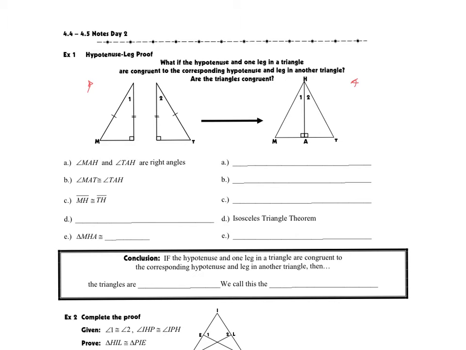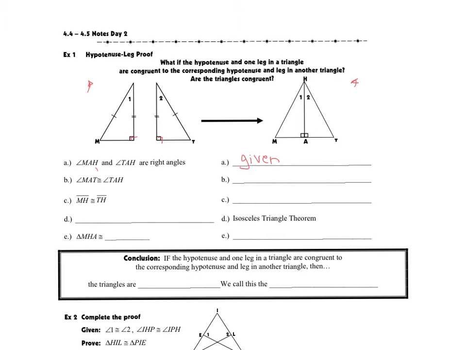So if we look at the first piece of information, it says that angle MAH and angle TAH are right angles. Those markings are given to us, and so that reason is given.